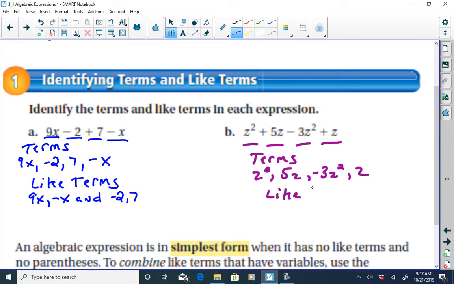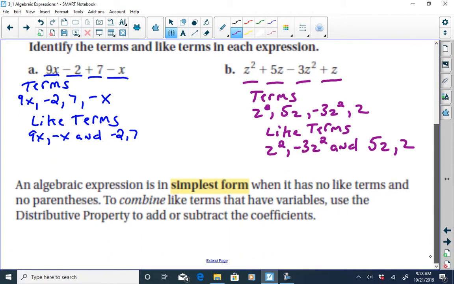My like terms are the terms with the same variable to the same power. So my like terms would be the z squared and the negative 3z squared. And my other pair of like terms would actually be 5z and the positive 1z. All right?